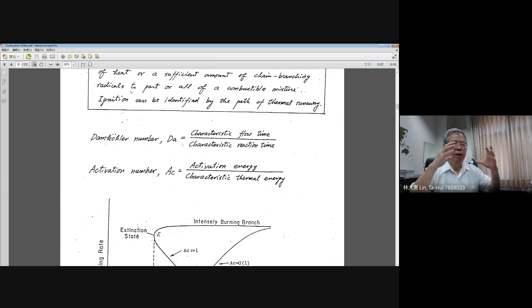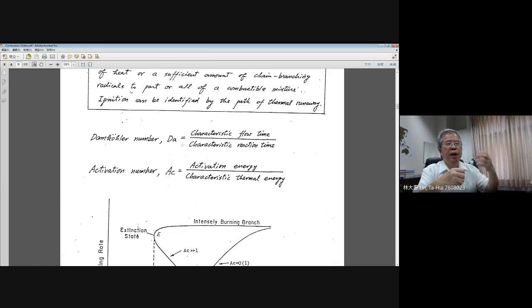Imagine there is a virtual control volume, and inside the control volume is a premixture of fuel and oxygen. In this sense, the fuel is well mixed with oxygen, right? They are ready to be ignited.